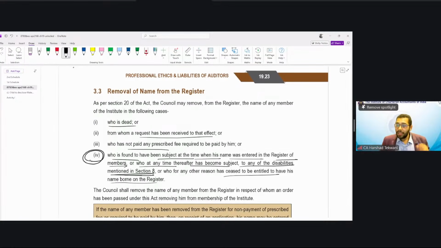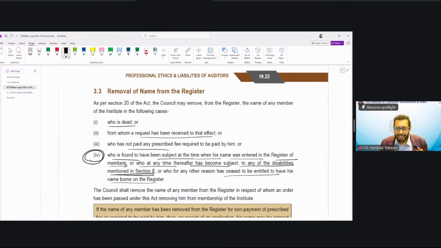That means once you become a member, if there is a disability mentioned in Section 8 and it applies to you, your name can be removed from the register of members.